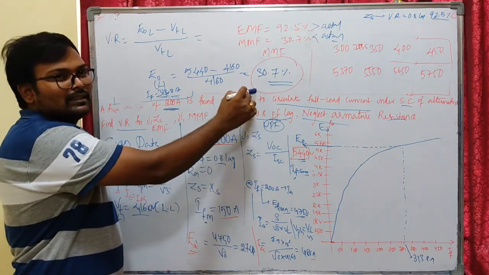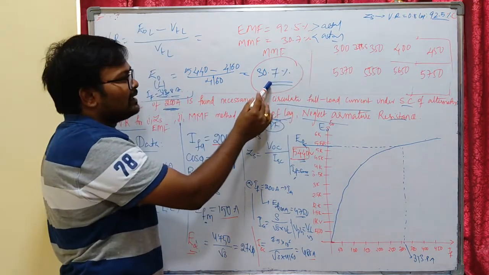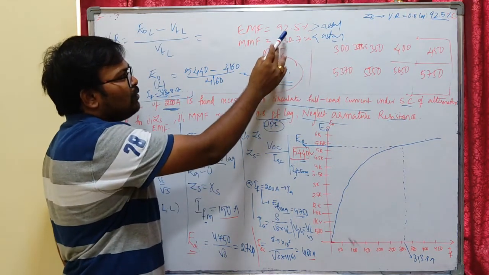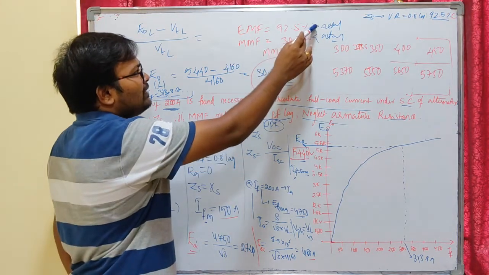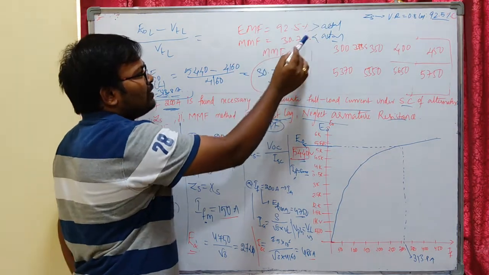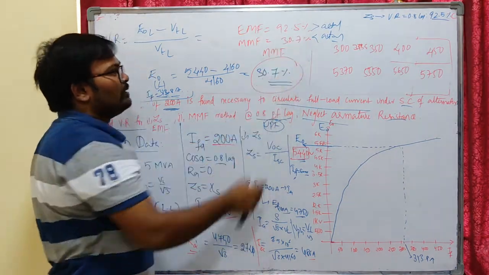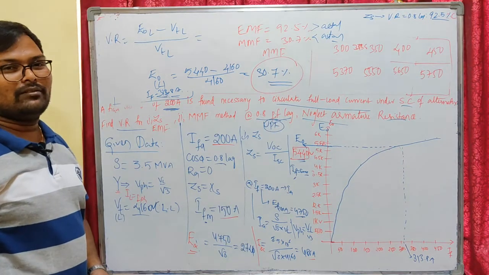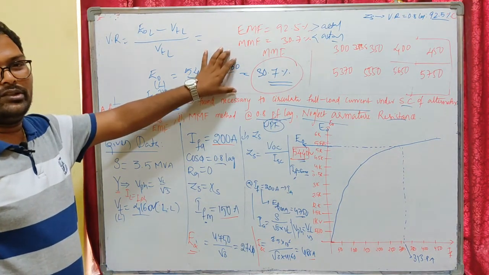So the voltage regulation is 30.7%. For the EMF method it was 92.5%, and for the MMF method it is 30.7%. The EMF method gives a value greater than the actual value, while the MMF method gives a value less than the actual value. So the actual voltage regulation is in between 92.5% and 30.7%. If you have any doubt in this problem, you can contact me. You know where to contact me, right? Thank you.